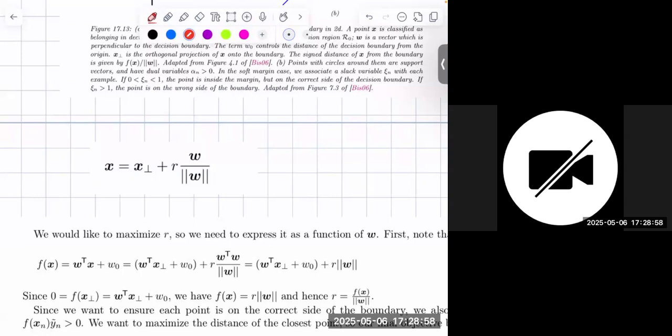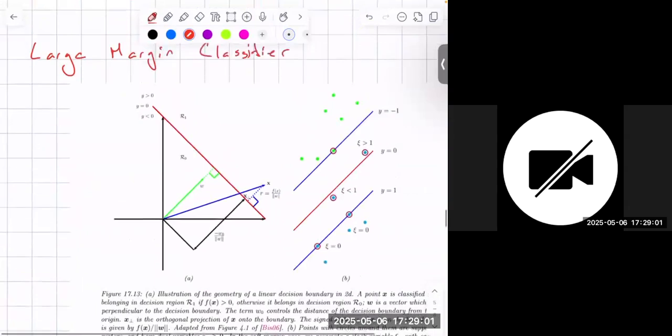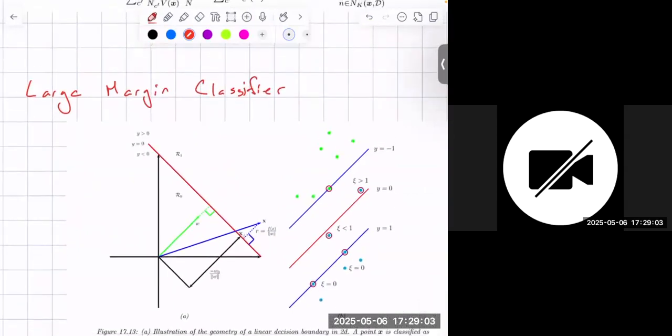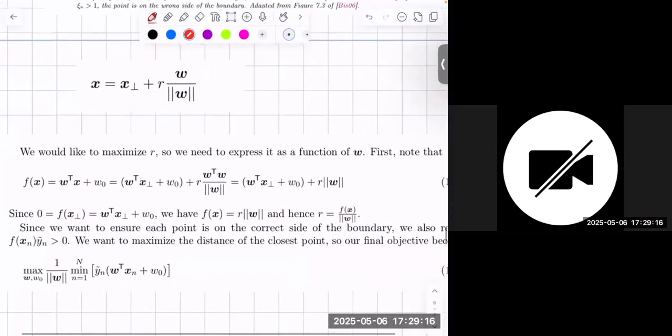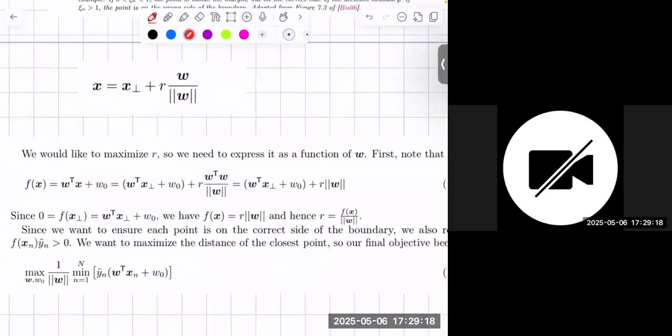Okay, let me show the picture again. That R is the direction of the vector multiplied by a number R. The bigger the margin, the bigger the R. Now, what does that mean? Your function is the weight on your data point with some bias. Then you decompose it as it was written there.